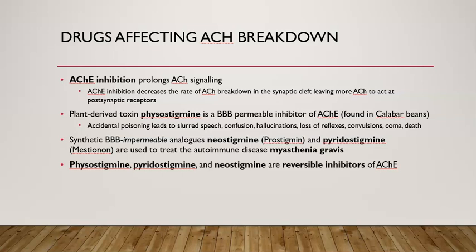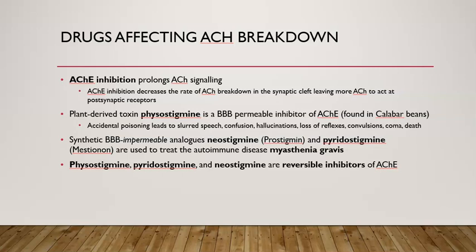So we can actually take some of these molecule substances that we found by studying these plant alkaloids to make drugs that affect acetylcholine breakdown. For instance, we've got some acetylcholine esterase inhibition drugs, and what that does is it prolongs the availability of acetylcholine signaling in the synapse.